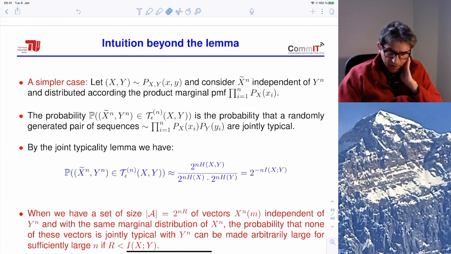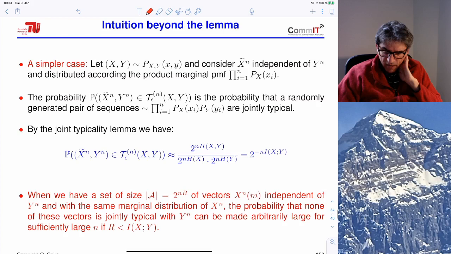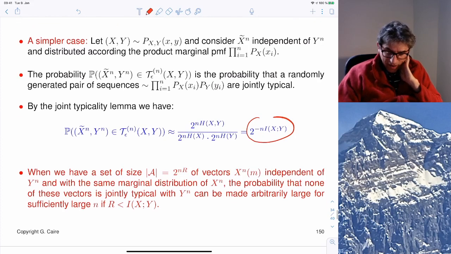So, okay, if I consider a simple case, we have the same thing I said before, where the probability that two marginally typical but independent random sequences are jointly typical is 2 to the minus n times the mutual information. But now we have not just one possibility, we have 2 to the nr possibilities.